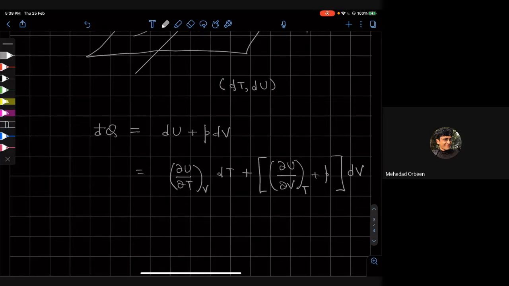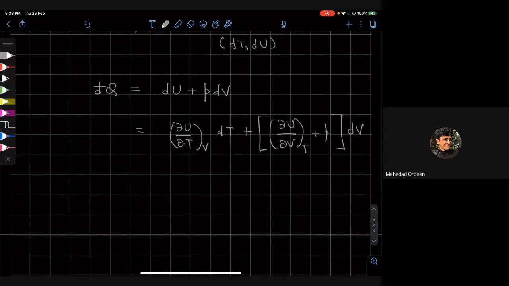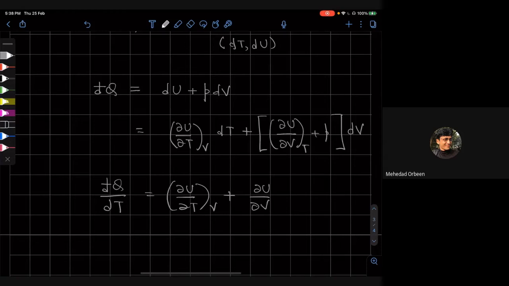And then from here we can say dQ/dT is (∂U/∂T) at V plus [(∂U/∂V) at T plus P] times dV/dT. So this is all very easy stuff.